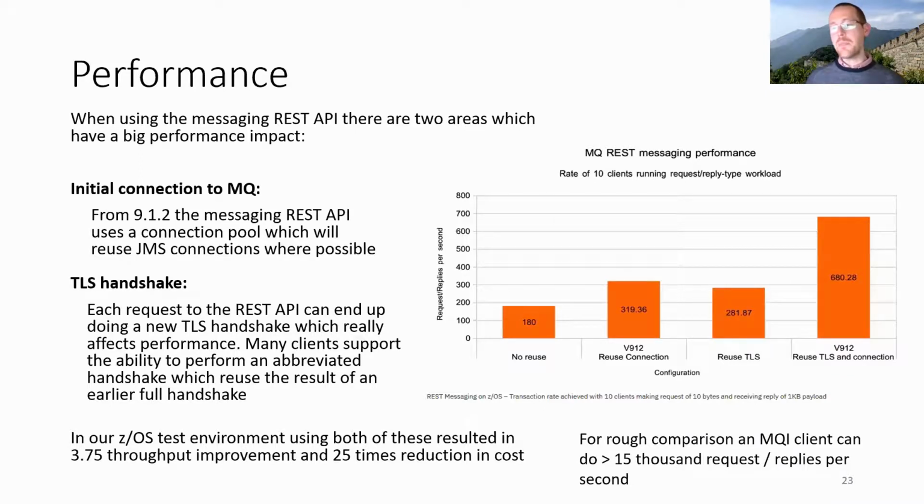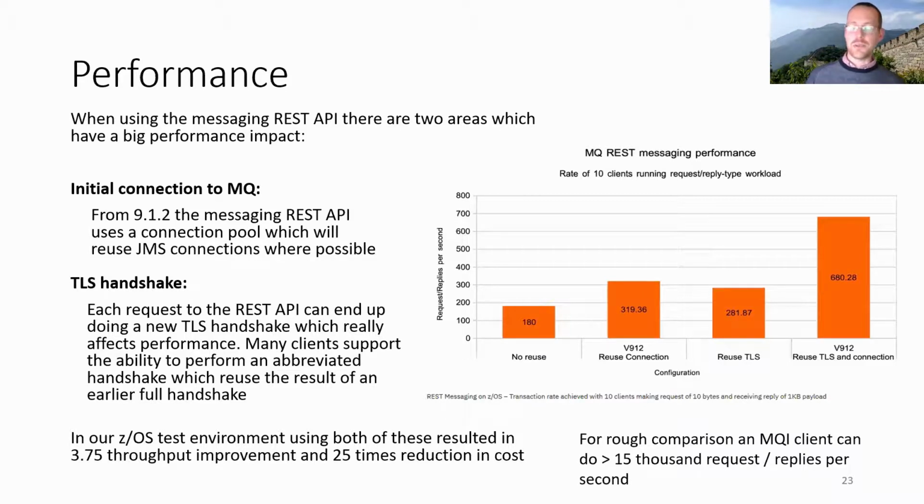But there's actually another part that's quite expensive when it comes to using REST APIs, and that is TLS. Because if you don't do anything special, every single HTTP request is a separate TLS handshake to the web server, and those TLS handshakes cost, and so that's quite a considerable overhead when using REST APIs in general, not just for MQ, just in general.